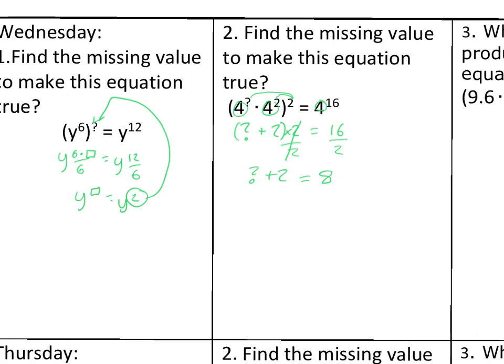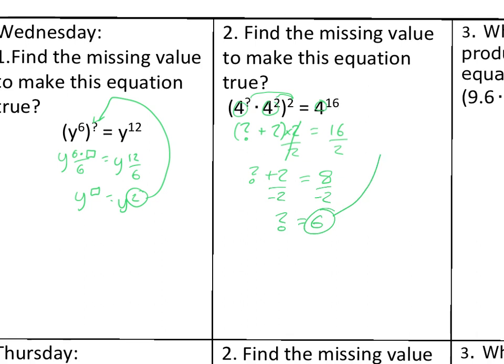Well, something plus 2 must give you 8. I wonder what that could be. Yes, if I just take the opposite of adding 2, subtract 2, well, question mark equals 8 minus 2 is 6. So 6 is the missing value to make this equation true.